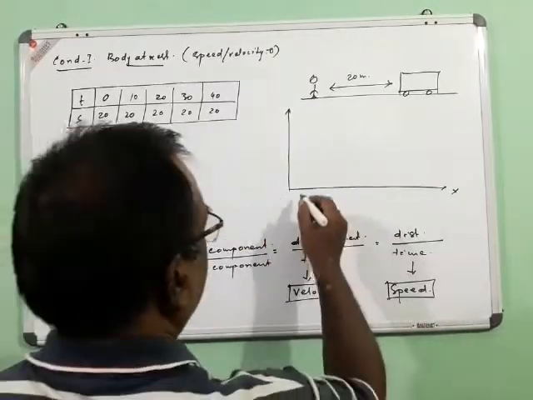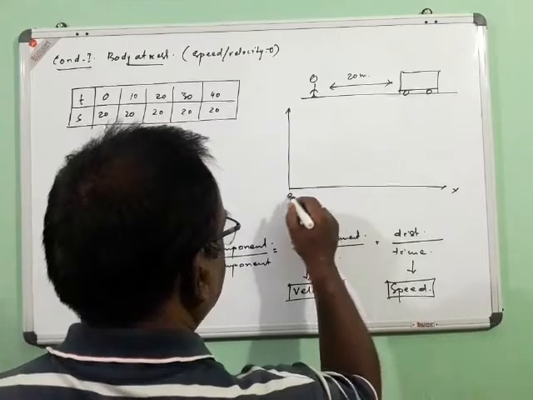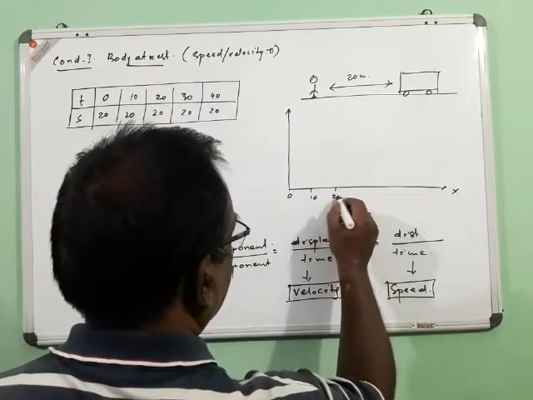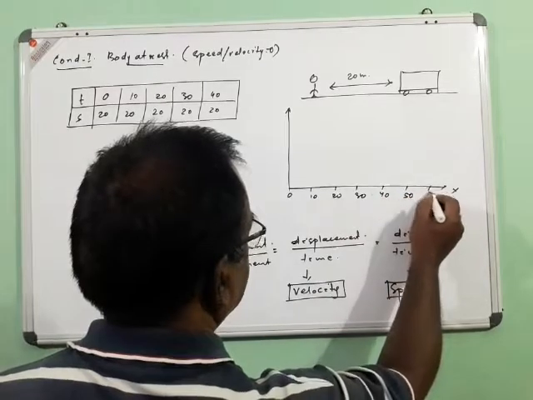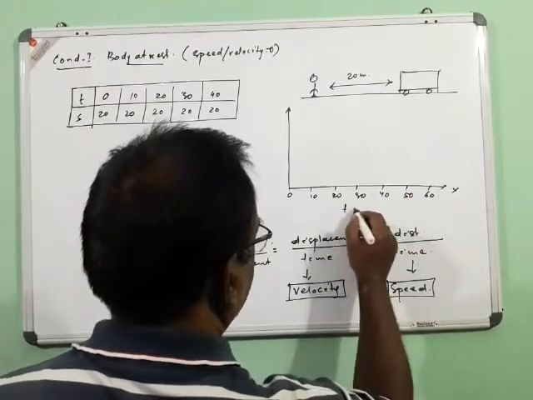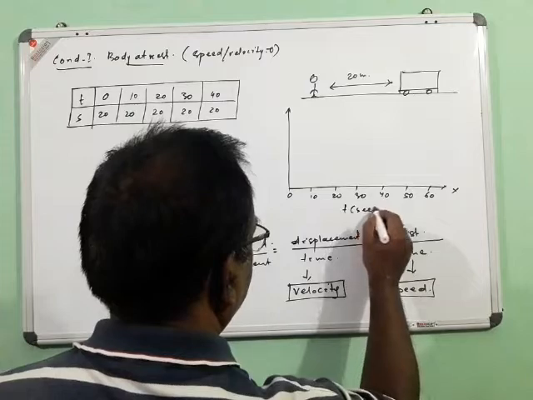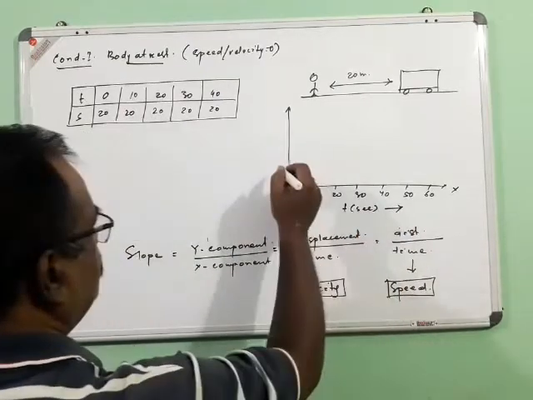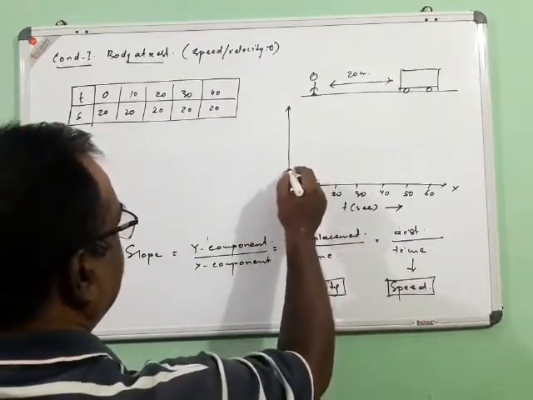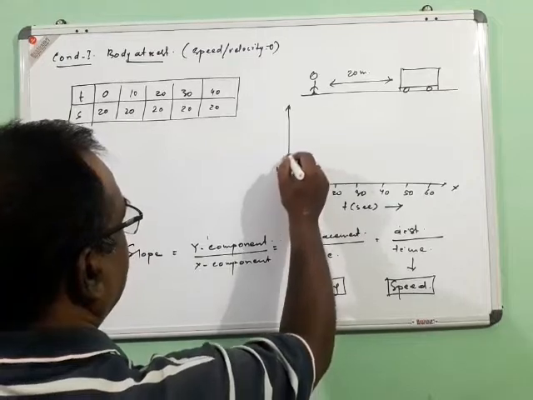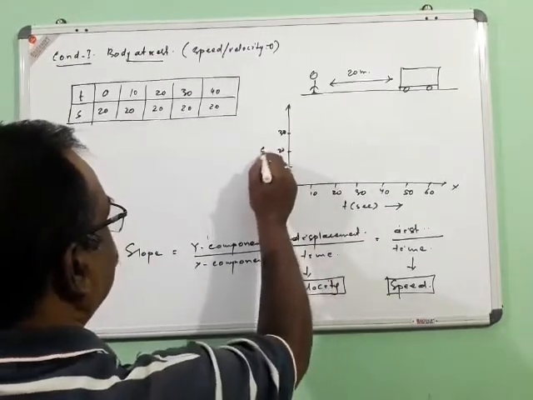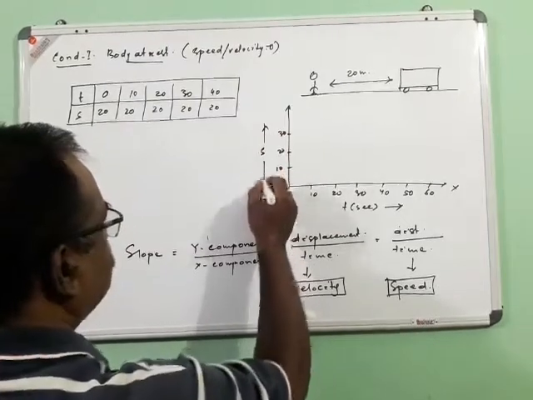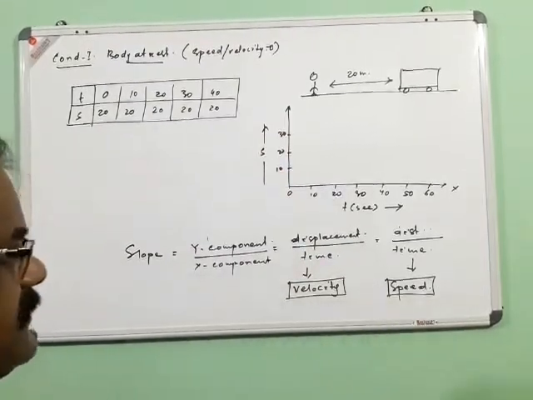Now here, if we take time, suppose 0, 10, 20, 30, 40, 50, 60, likewise it proceeds. So time in seconds. Similarly, on this side if we take displacement, suppose 10, 20, 30, likewise as it progresses, it is your displacement or distance progressing on the y-axis.